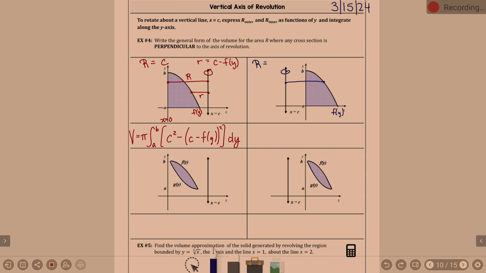Okay, and here's the deal. Because again, it's to the left, thinking it's going to be a negative value. So f of y minus negative c is what I'm going to write.